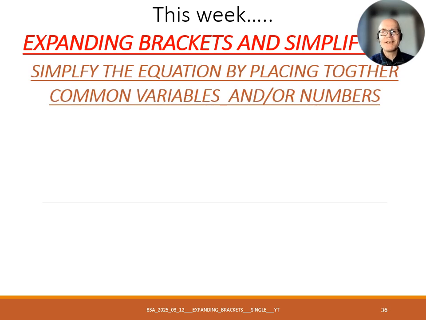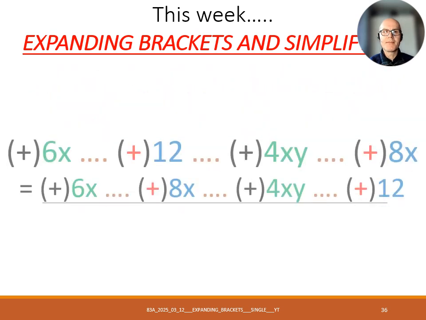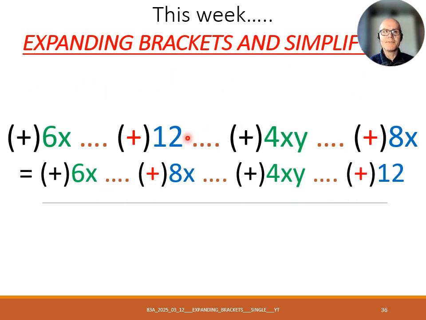Now, we're going to simplify the equation by putting together, side by side, common variables and or numbers. At the moment, we've got an x here and an x at the end. We need to put them side by side to work out the answer.